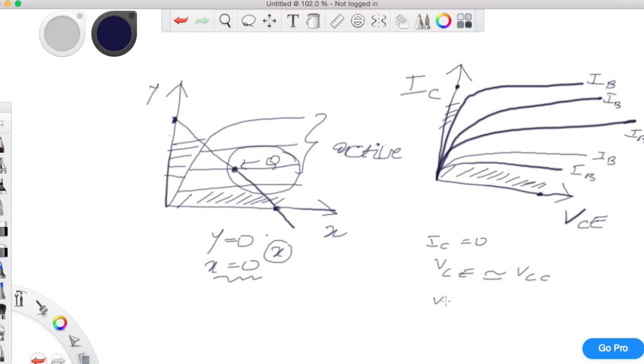Now when you put your VCE equal to 0, you'll get the value of IC. Then when you draw the line, you'll get somewhere in the middle your Q point. So I hope you understand what you mean by Q point. Q point is nothing but you draw a straight line, and the middle point of that straight line is your Q point. So I'll start the numericals based on this DC load line.